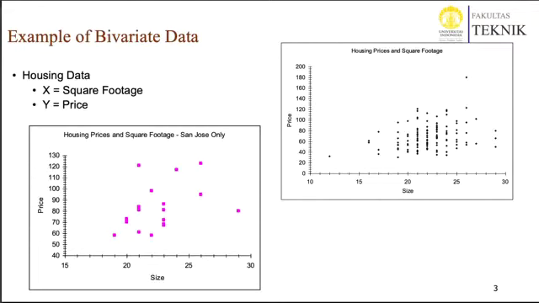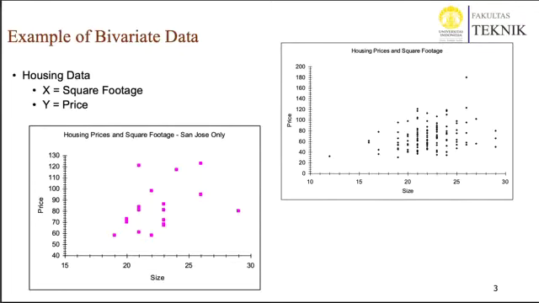So here is an example of bivariate data. Let's say we have a comparison between the square footage of housing data on the x-axis, and on the y-axis it has the price.